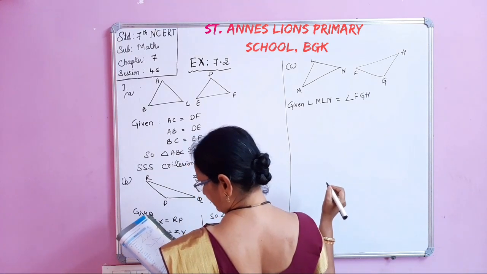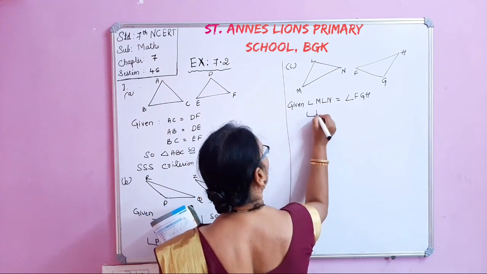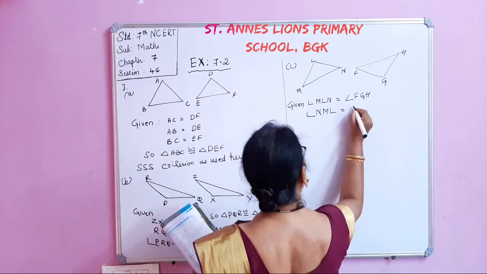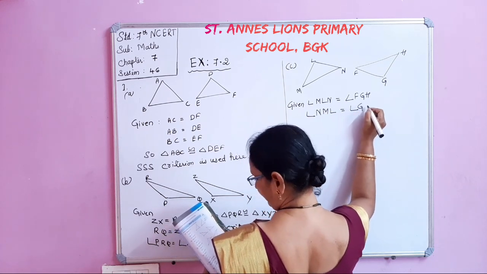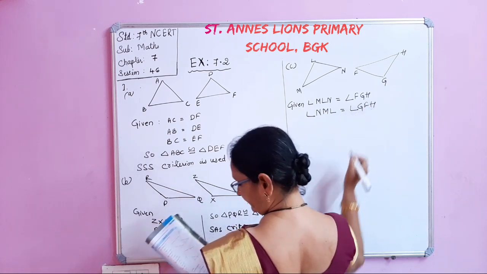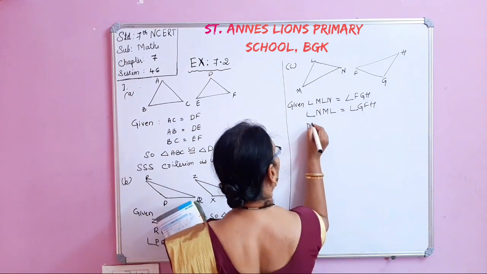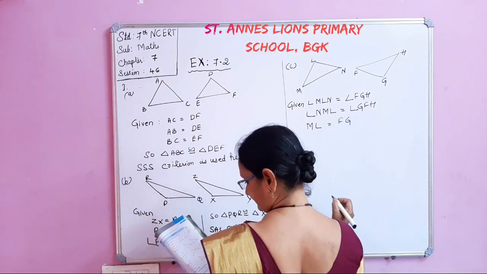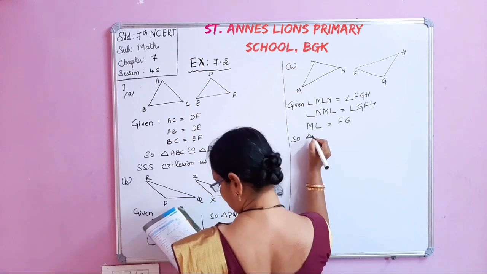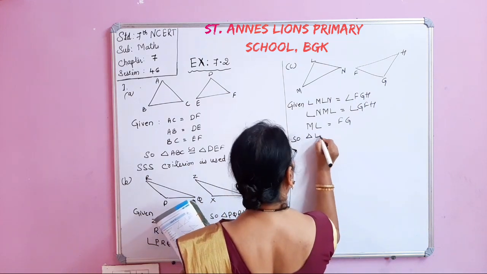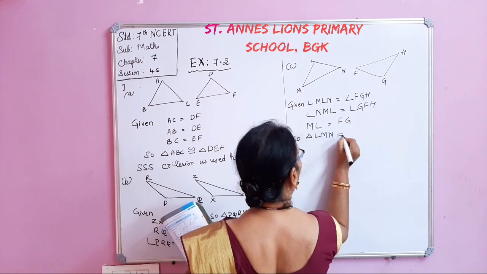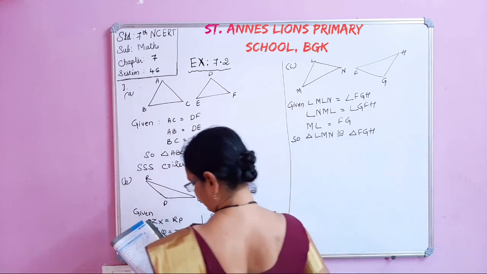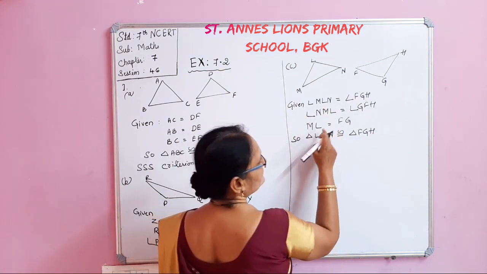Then angle NML is equal to angle GFH. Then ML is equal to FG. So triangle LMN is congruent to triangle FGH. See here, two angles and one side.